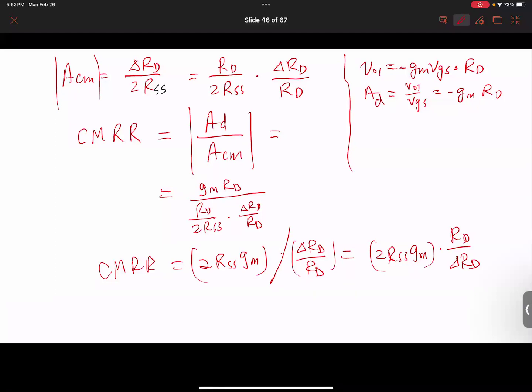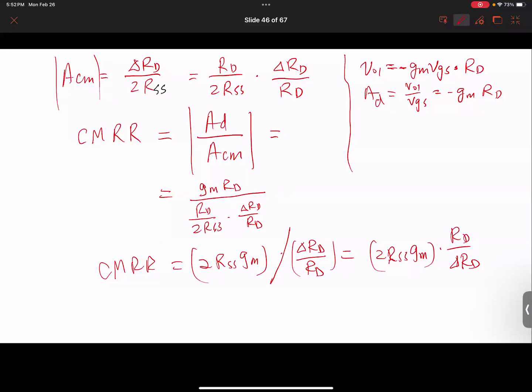So what does it mean? If you look at the equation over here, the ratio between differential gain and common mode gain: if the common mode gain is 0, it means the two transistors and the resistors are perfectly matched. So the ratio is infinity.